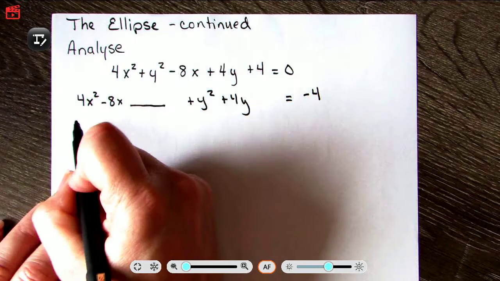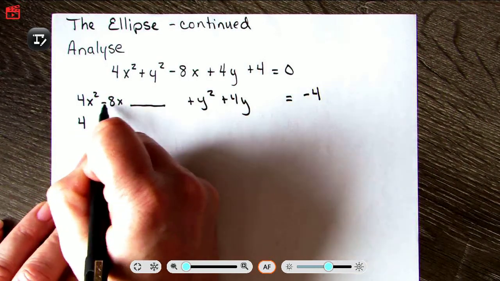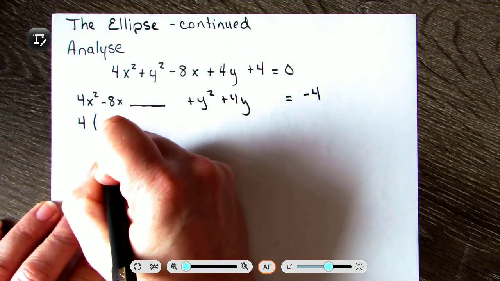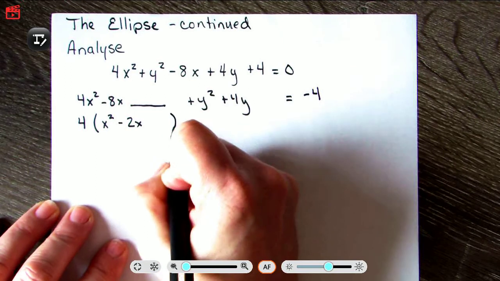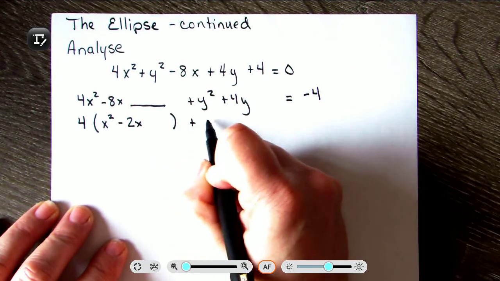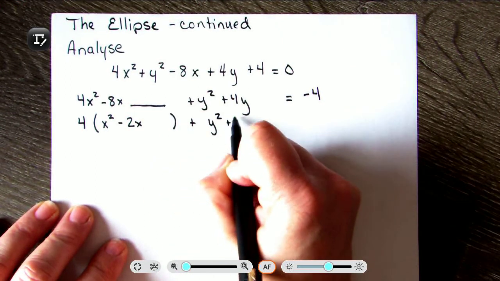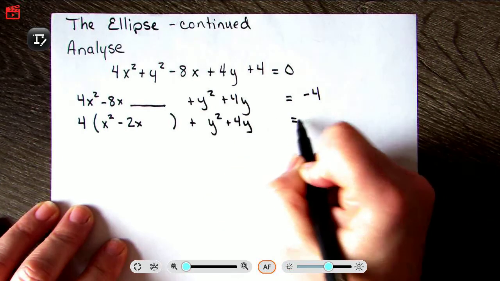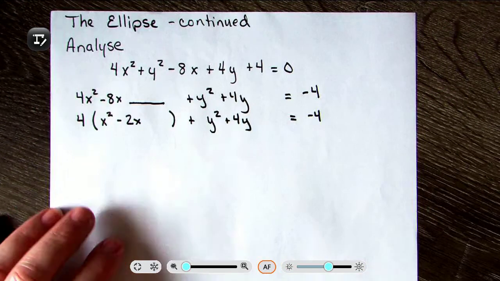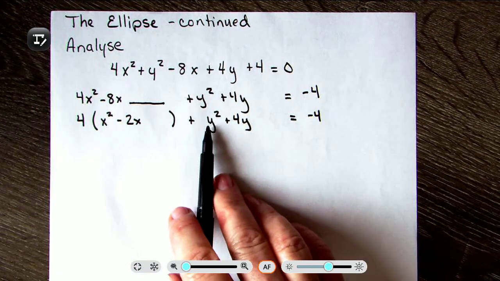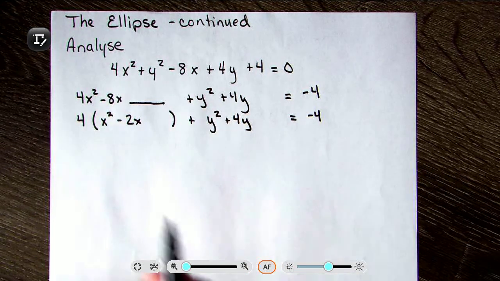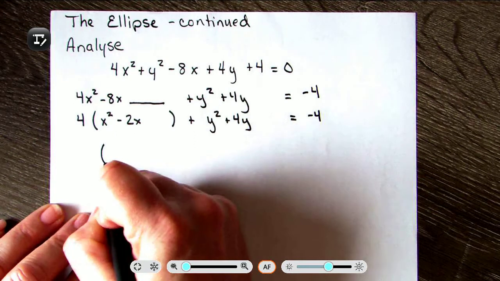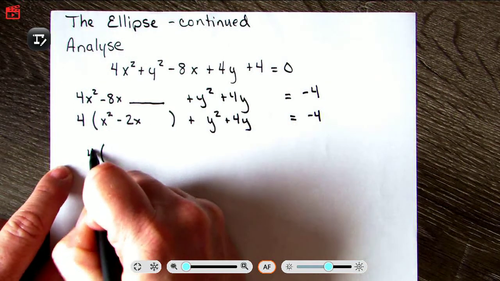I also need to pull this 4 out of these x pieces. So I have actually an x squared minus 2x in here. And if I had a number in front of that y squared, I would pull that out of both pieces here as well. So now I'm going to complete my squares, and my 4 is staying out here.